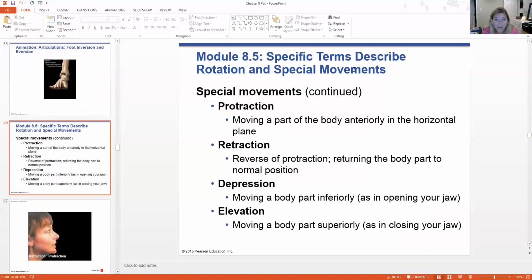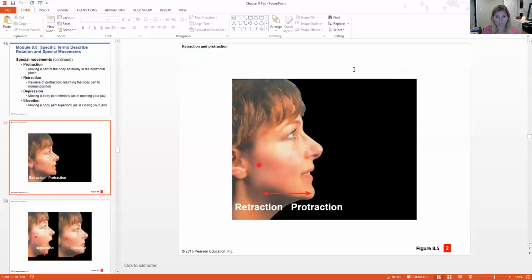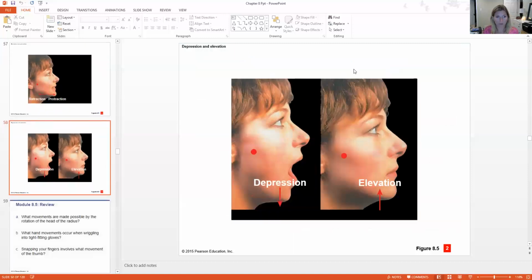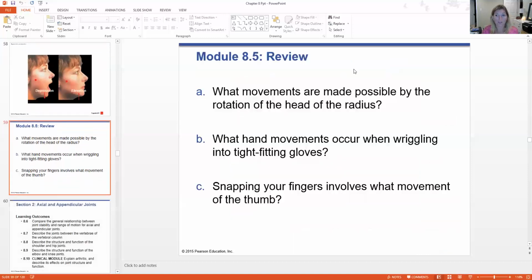Protraction is when you're bringing something forward. Retraction is when you're bringing it back. Depression, or when you're like shrugging your shoulders. Elevation is moving something up, like closing your mouth or raising your shoulders. That's elevating. Protraction and retraction, depression, elevation. Pause the video, go back and answer these 3 questions.